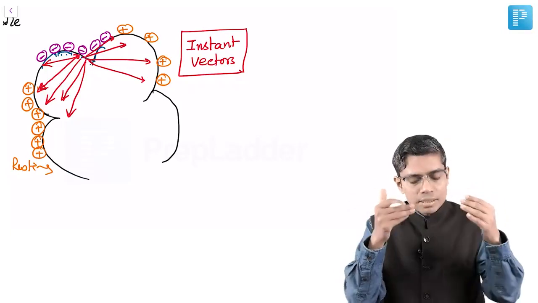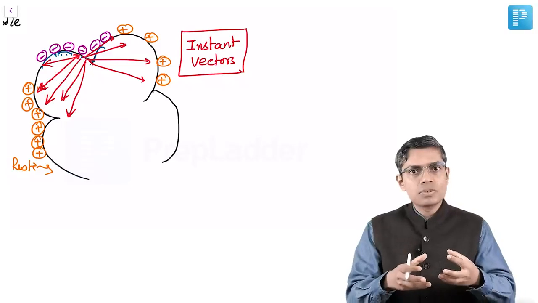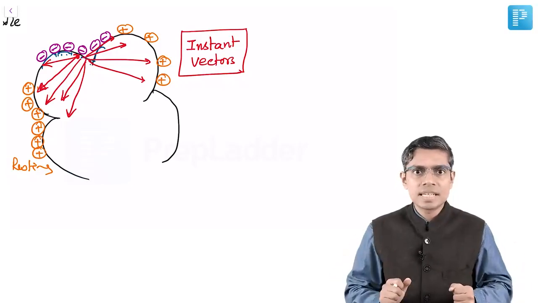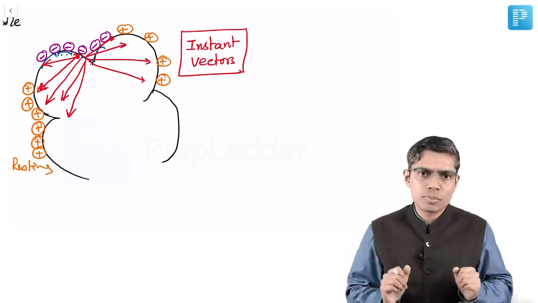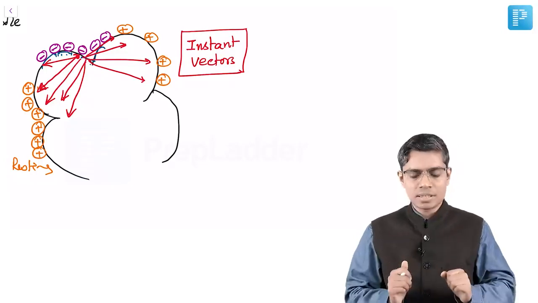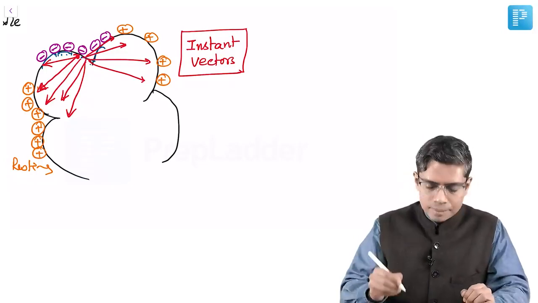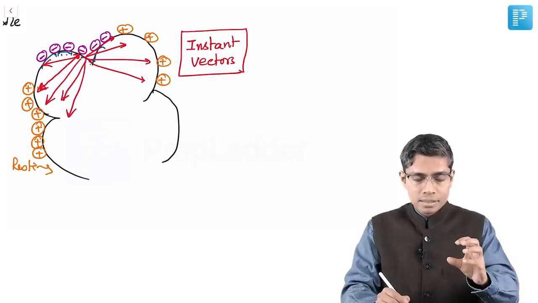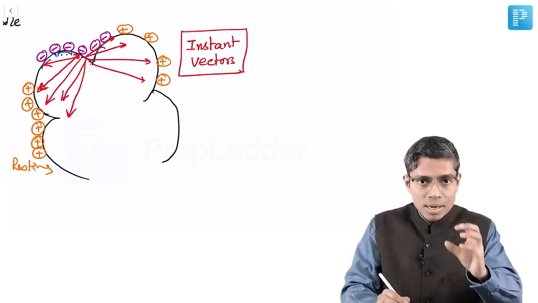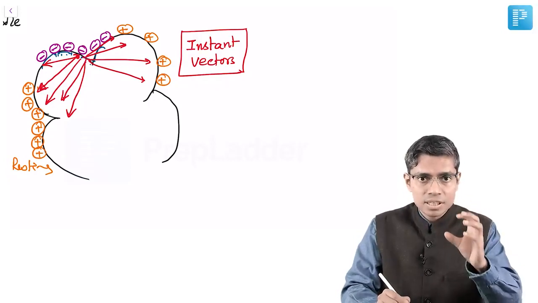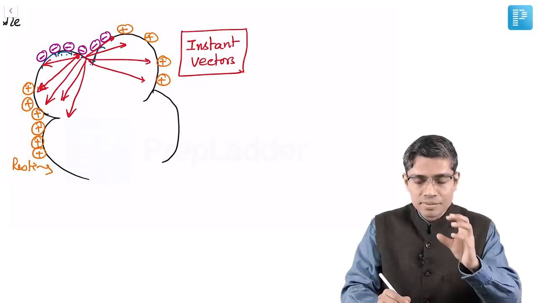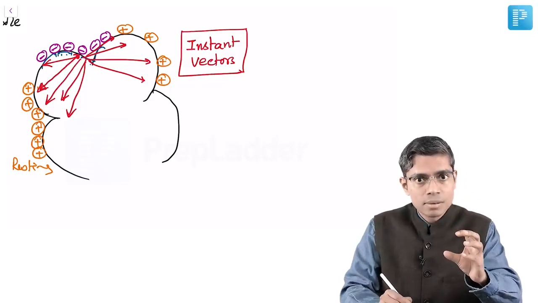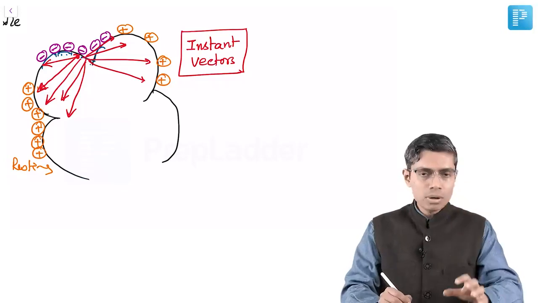Do you think the ECG machine or the voltmeter is going to record all these individual instant vectors? The answer is no, that's not possible. So I have to understand what the net voltage vector is, what the summated version of the voltage vector is, and what its direction and amplitude are.